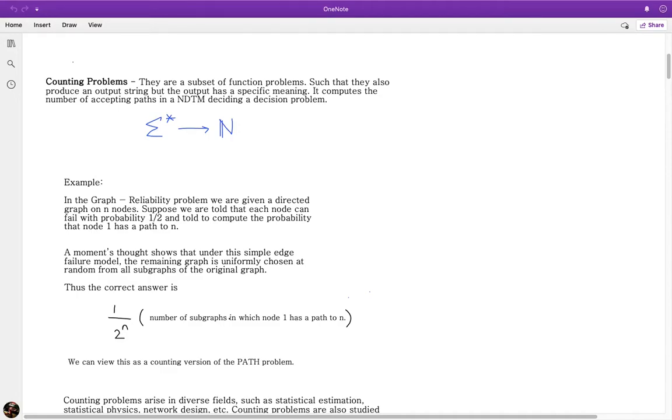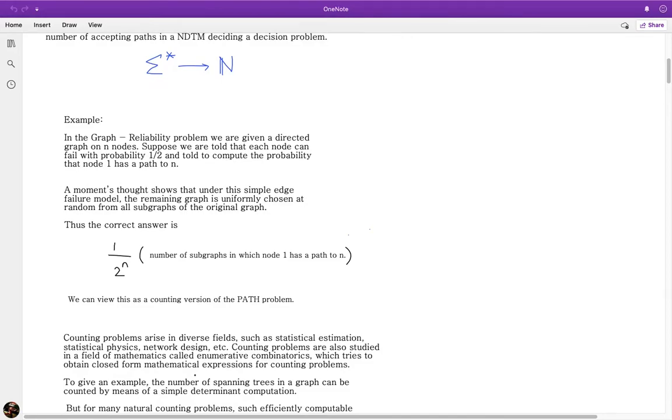So this will give you the probability of having a path from node 1 to n, because the number of subgraphs in which node 1 has a path to n is the total number of accepting solutions, and 2^n is the total number of subgraphs in the given graph.